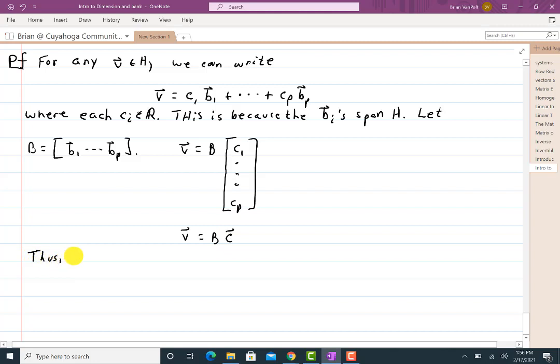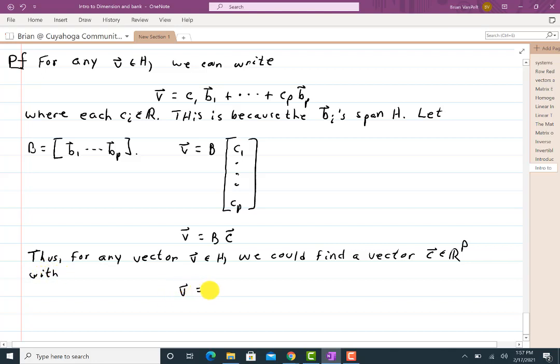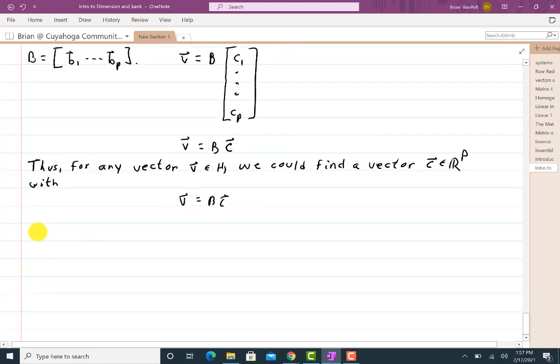Thus, for any vector v in H, we could find a vector c in R^p with v equals Bc. Good.